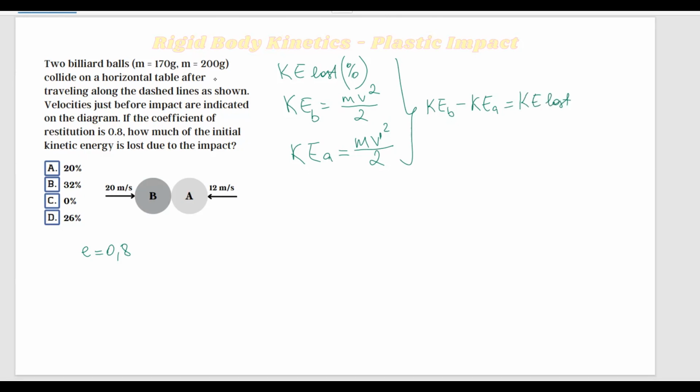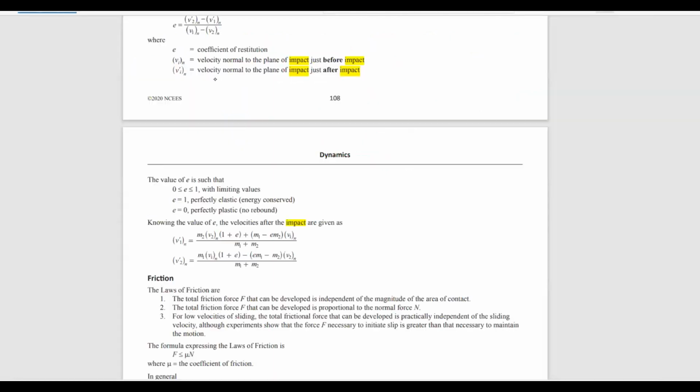So first, let's calculate the velocities after impact. And we have the formula for that, the velocities after the impact, knowing the coefficient of restitution E.